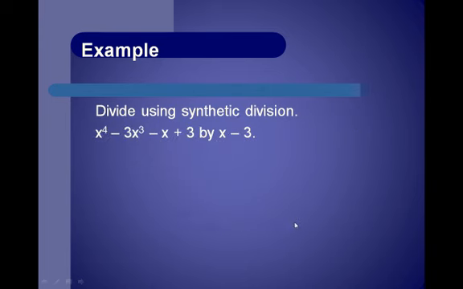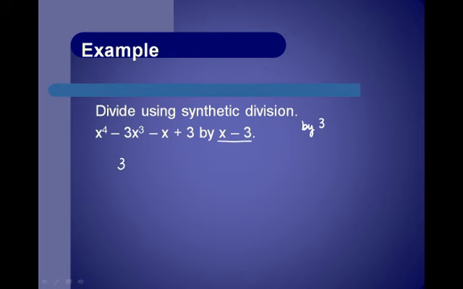Let's do another one. X to the fourth minus 3x to the third minus x plus 3 divided by x minus 3. Well, remember, synthetic division, if you're dividing by x minus 3, then you do synthetic division by +3. It's always the opposite sign of that last number.